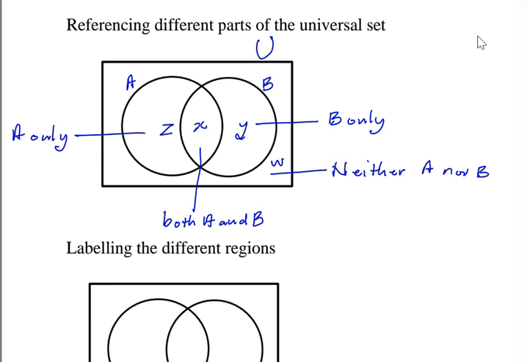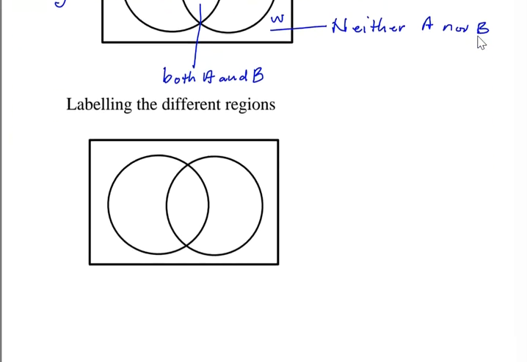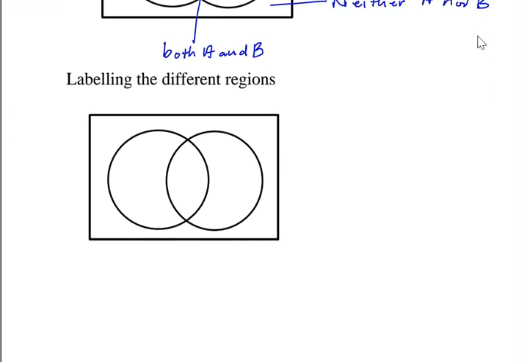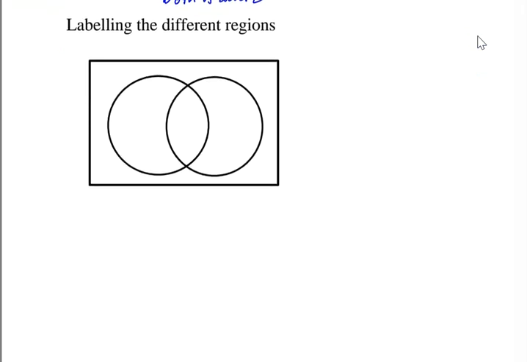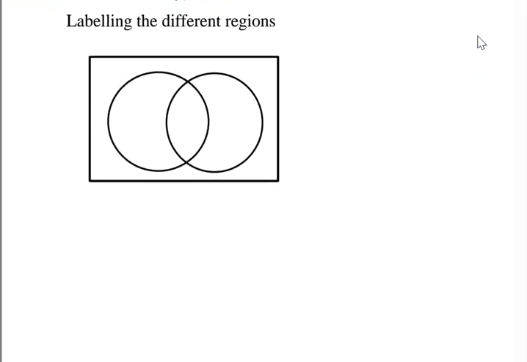Y would be students who are doing biology only, and W would be students who are doing neither accounts nor biology. Now, how do we label the different regions using set notation? So we may be asked to label the different regions.